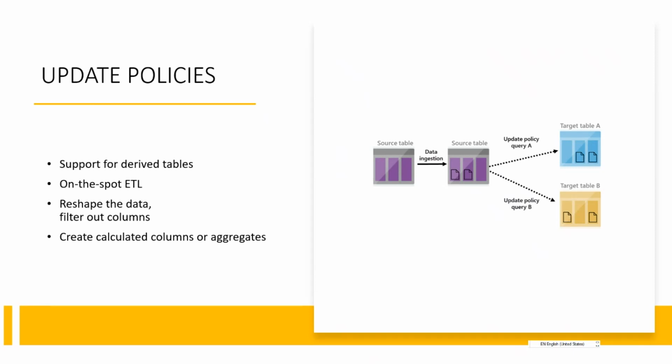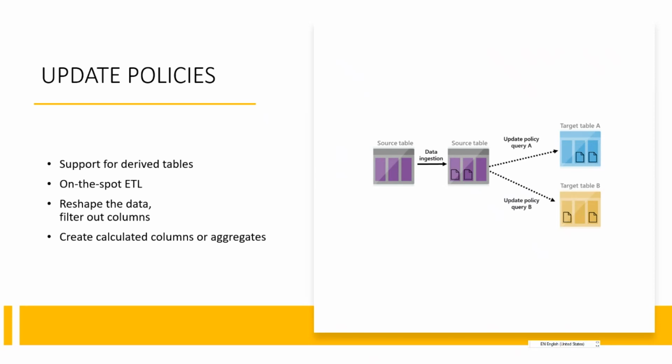And once the data is ingested, there is an additional optional step, which is the update policy. The update policy is actually a trigger, slightly different from the triggers you're familiar with. The update policy runs on the destination, derived table.